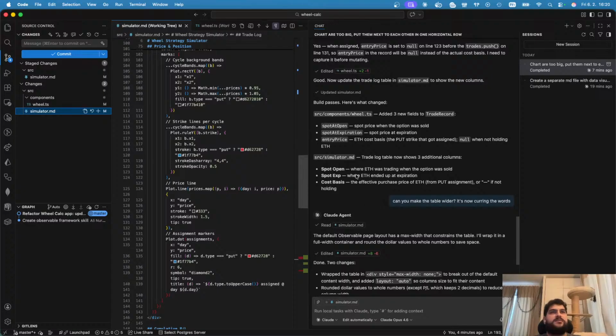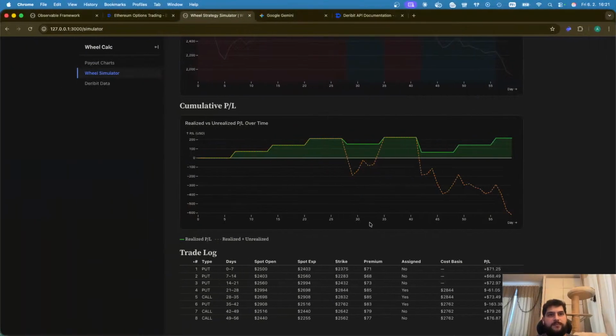Okay, so it has the descriptions here. Cost basis is the effective purchase price of ETH from put assignment or not holding. Okay. Nice. So basically just put assignments.